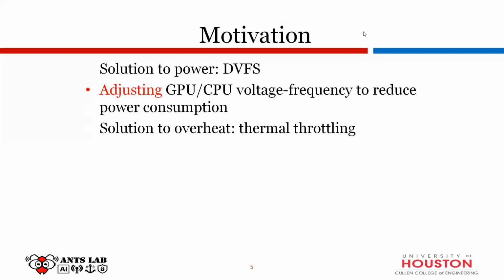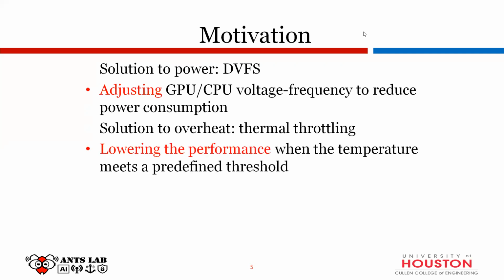What it does is lower the performance when the temperature meets a predefined threshold. When the device is about to overheat, they will turn down the frame rate or other performance to lower the temperature. So these are the two solutions to power and overheating.